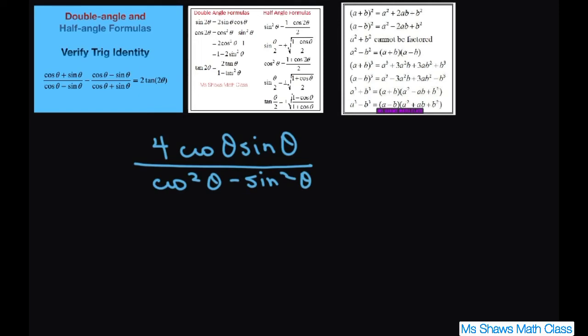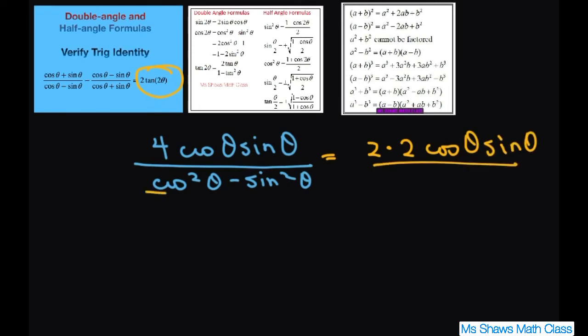At this point, let's look and see what we have. I'm going to rewrite my numerator as 2 times 2 cosine theta sine of theta. I'm going to go ahead and write my denominator. Since we have this, I'm going to use cosine squared of theta minus sine squared of theta equals cosine of 2 theta.